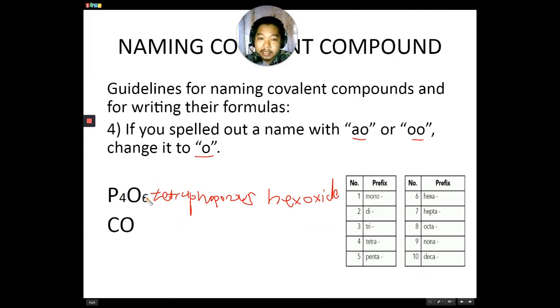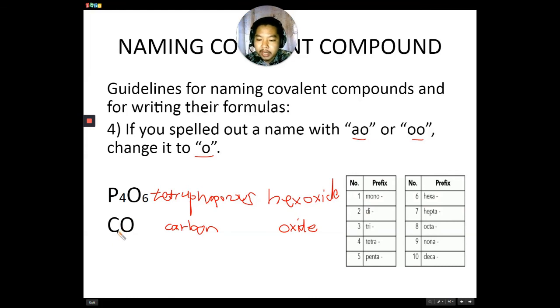I love this one because it summarizes all the rules. The first is just write the name of the two involved elements. So we have carbon, and then we have oxygen, but the rule says change it to ide. Second rule, if there's a prefix, we write the prefix.